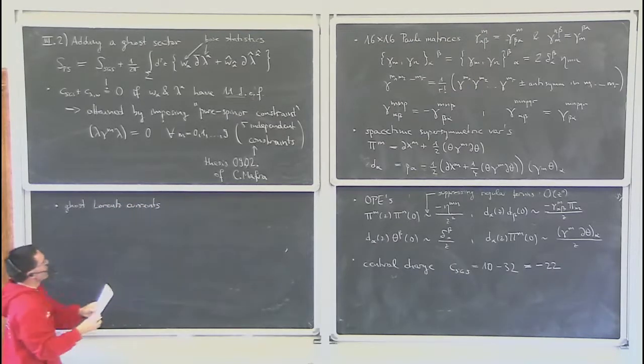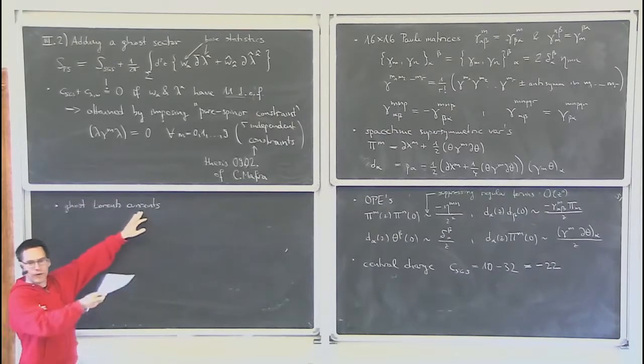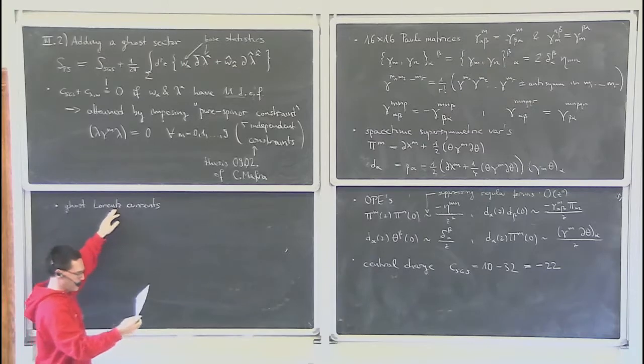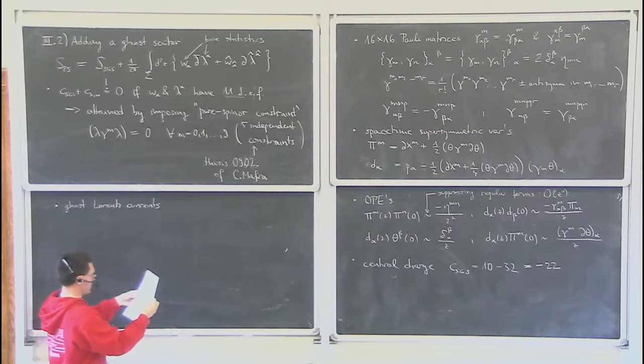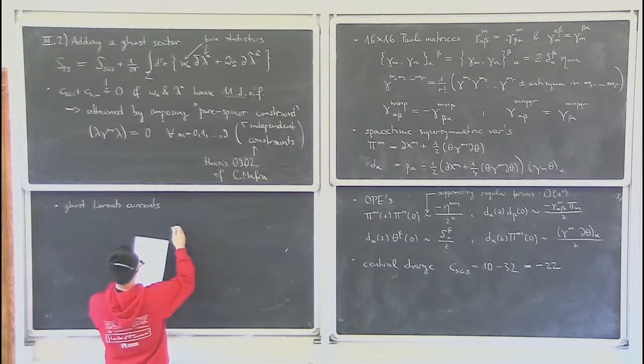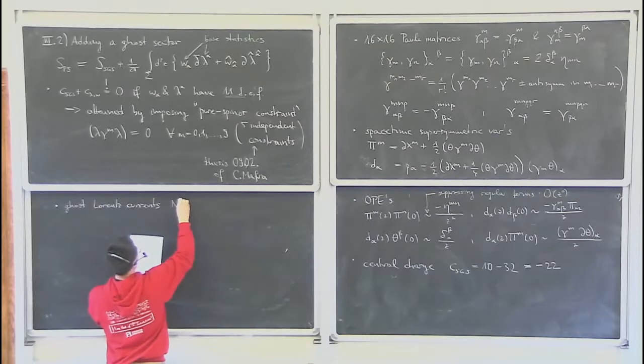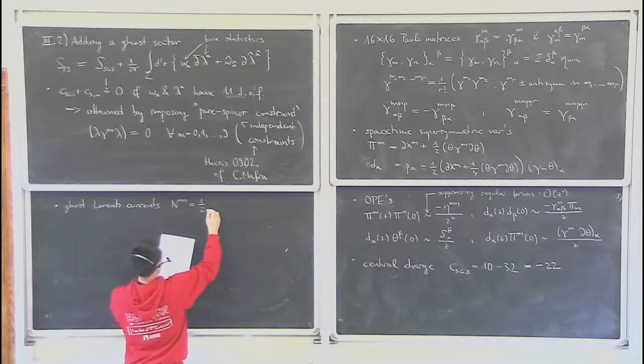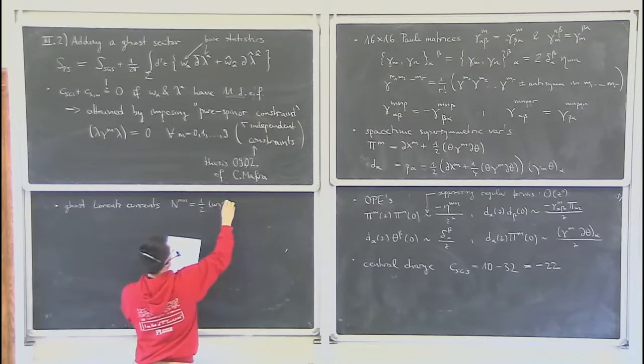So in the RNS formalism, the psi that you saw in the zero picture vertex operator is in fact the Lorentz current. And we want to make sure that the Lorentz current in the pure spinor formalism gives you the same OPE. Okay, and this is another place where ghost and matter variables will conspire in a delicate way.